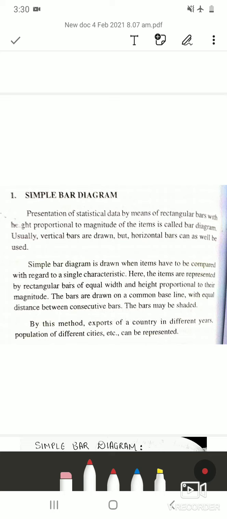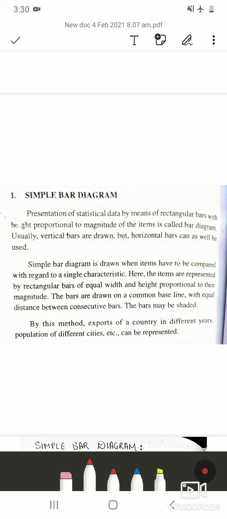Each rectangular bar will have a height proportional to the magnitude of the items given, that is the value given to the corresponding year. Usually vertical bars are drawn, but horizontal bars can be drawn as well.